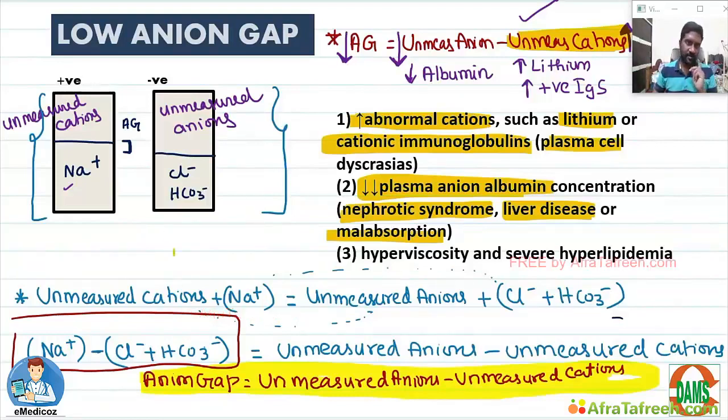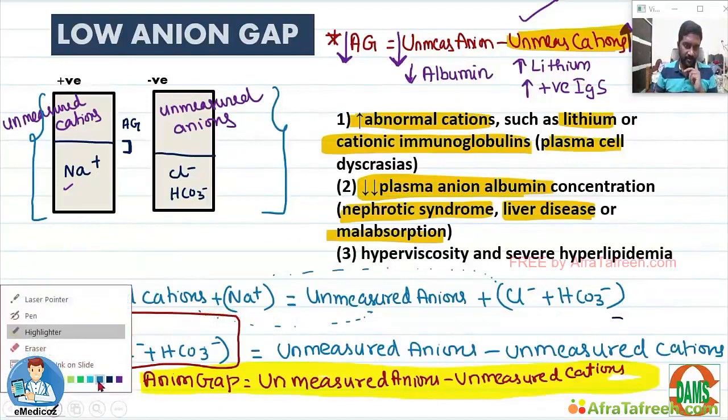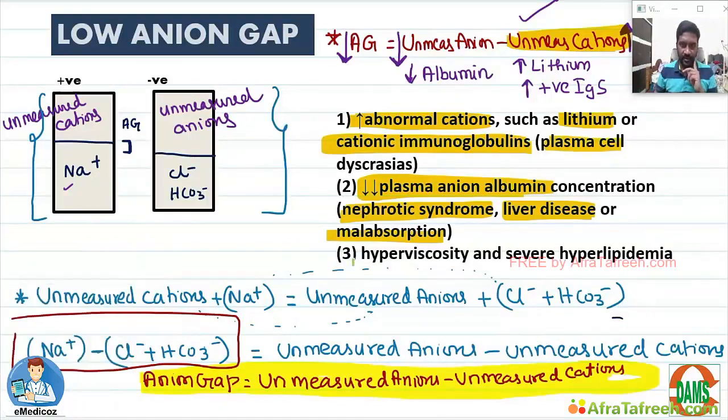And the next important cause for low anion gap is some issue in the laboratory, whenever there is hyperviscosity of the blood and also severe hyperlipidemia. Whenever the blood is very viscous, the sensors cannot detect sodium and chloride properly.